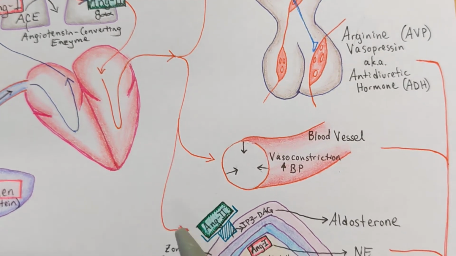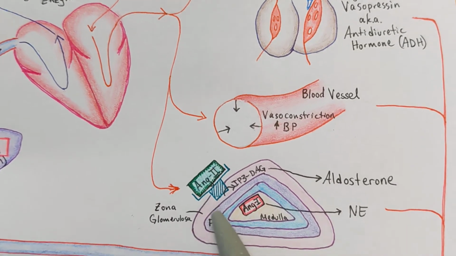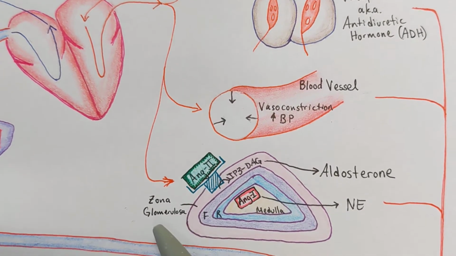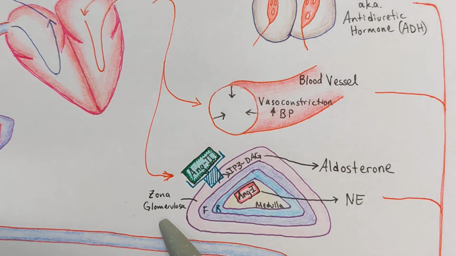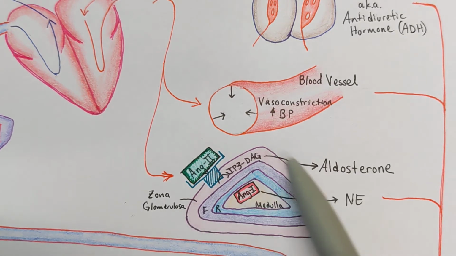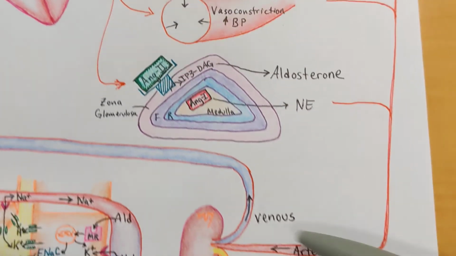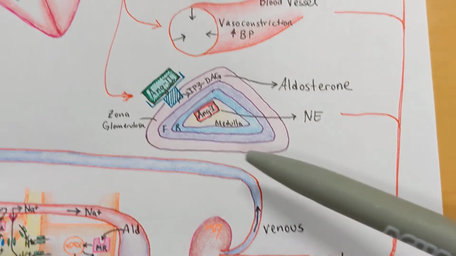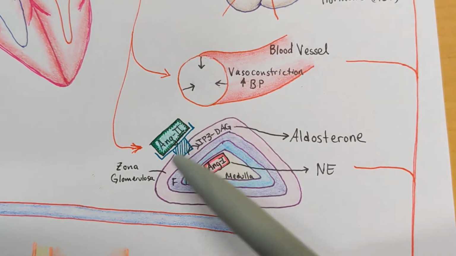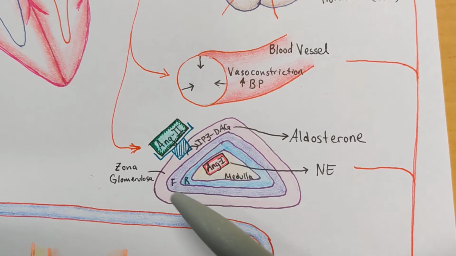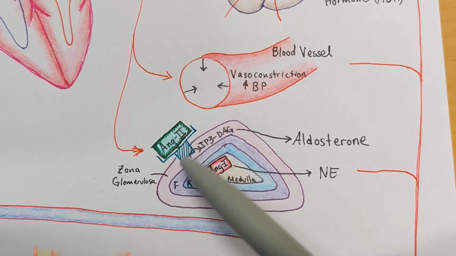temporarily. Finally, angiotensin II is going to bind to receptors on the zona glomerulosa of the adrenal cortex. Remember, the adrenal cortex sits right on top of the kidney, but we have zoomed in a little bit here. So the outermost layer of the adrenal cortex is going to be stimulated by angiotensin II.